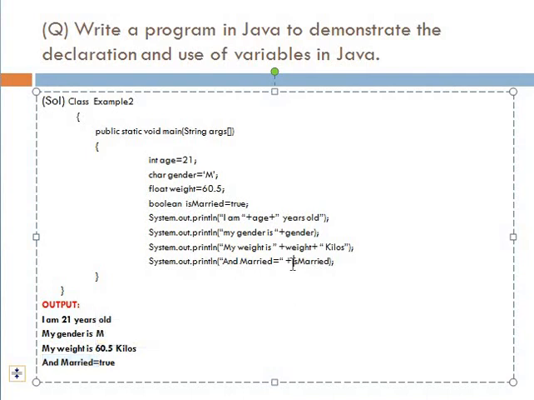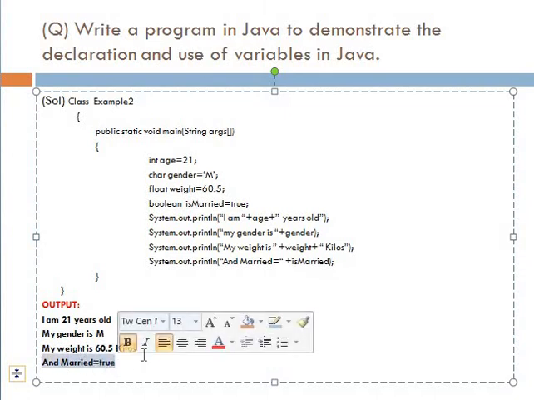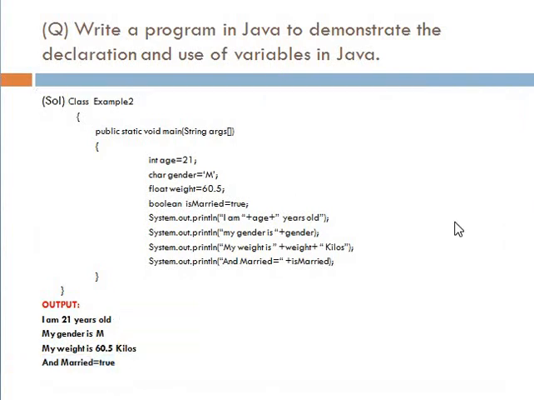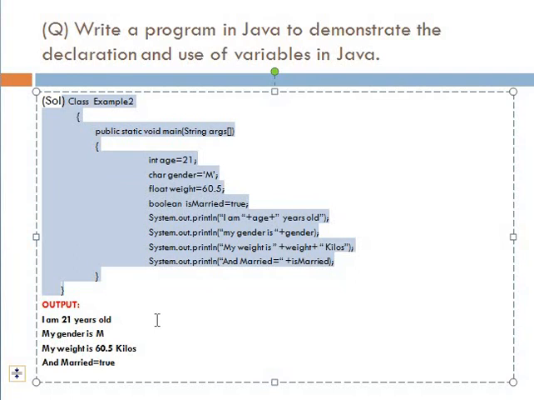What I am adding is the value of the variable called isMarried. Since isMarried holds the value true, true shall get displayed in the output. So in the output I can see the message and married equal to true. As a result, on executing this Java program, I shall see this output.